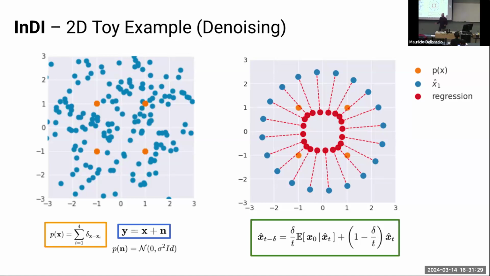But every Y can only be generated from one of the 4 dots. True. And if you fix that X and generate lots of realizations of random Gaussian noise, then the MMSE will converge to one of them.